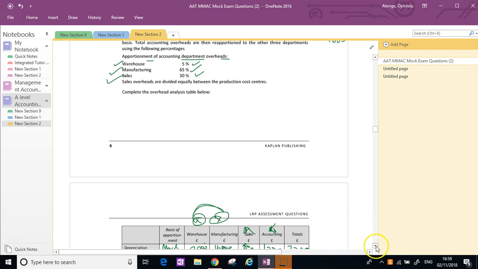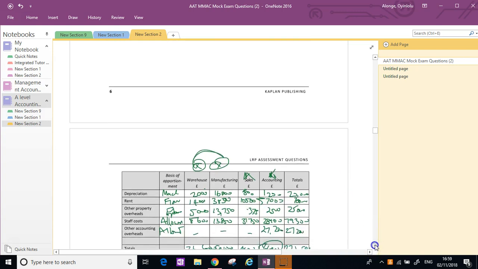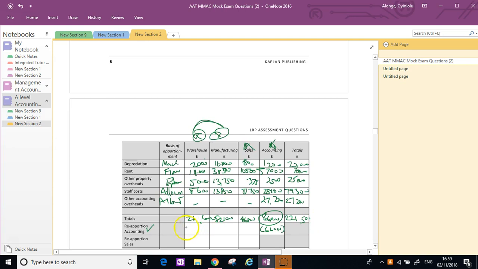So 5% of that goes to warehouse, which comes up here as 3,300. 30% comes here at 19,800. And 65% comes here as 42,900. That's got rid of the 66,000, reapportioned. Remember, I'm apportioning because I'm using a base to spread it.